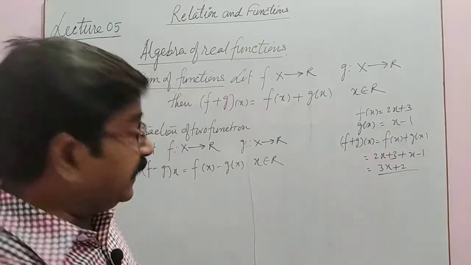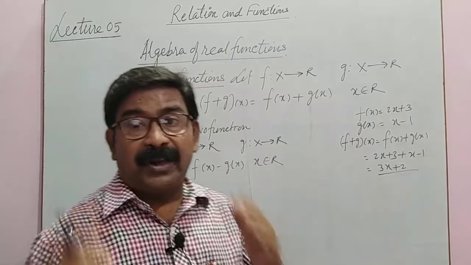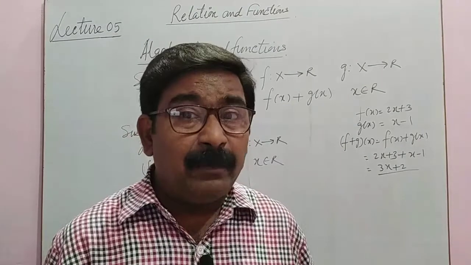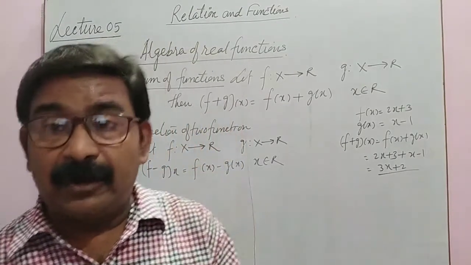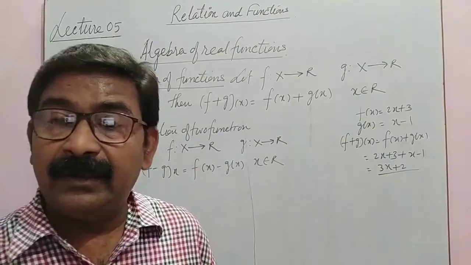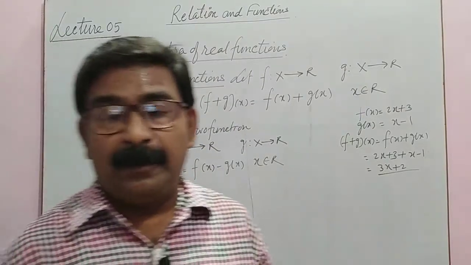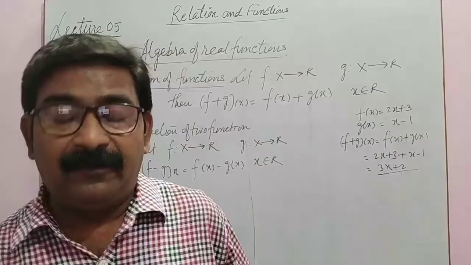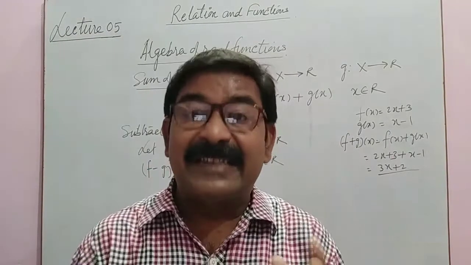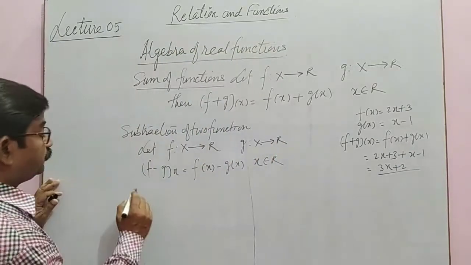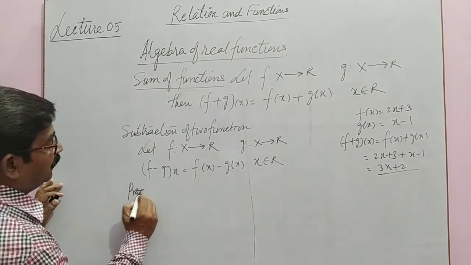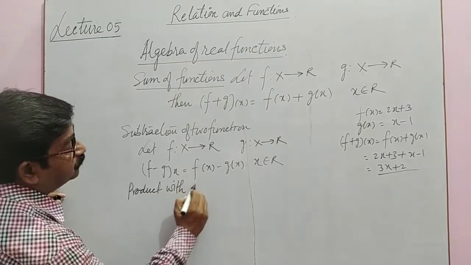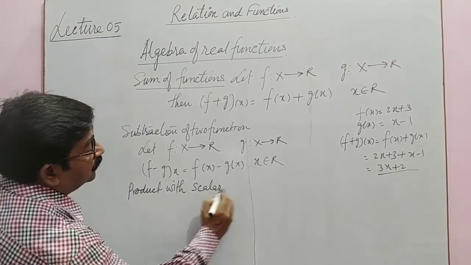Now in case of product, we can multiply any function by some scalar quantity. Means we can multiply a function by 3, by root 2, or by minus 3, a scalar quantity. So I am writing product with scalar.